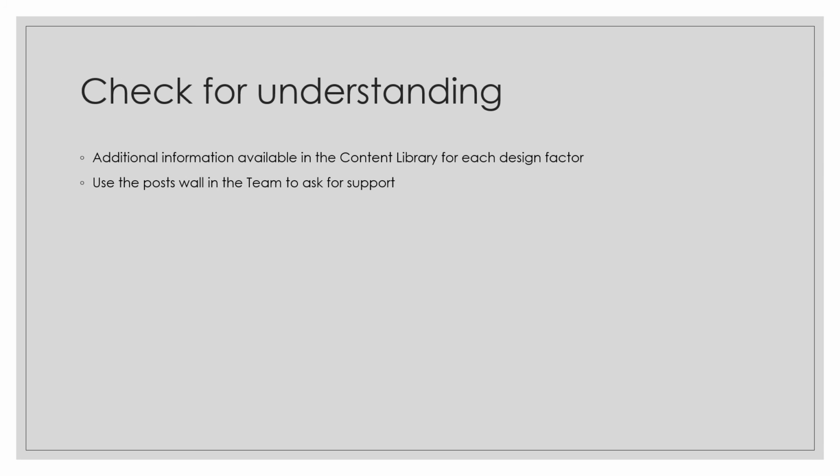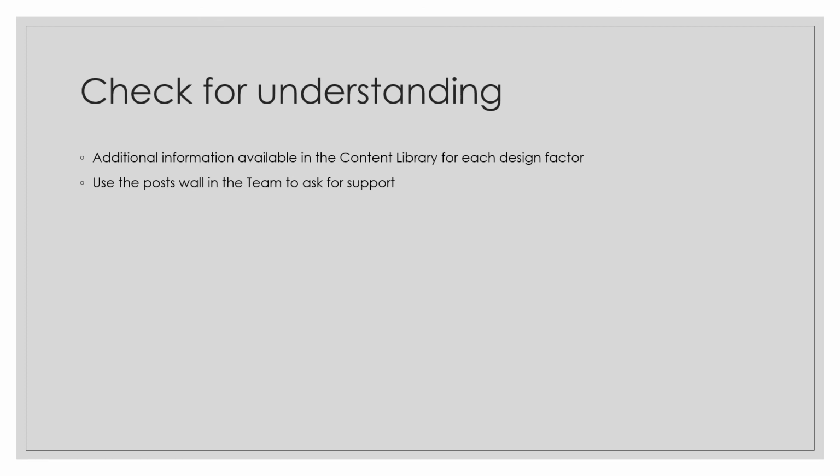Perfect. Now that you've done that, we want to check and make sure you're happy with each design factor. If you're unsure or you need more of a description for any of them, if you go to the content library on the class notebook, and in the design area, the design factors one, you'll find there's lots of PowerPoints, text, images to describe the design factors in much more detail.